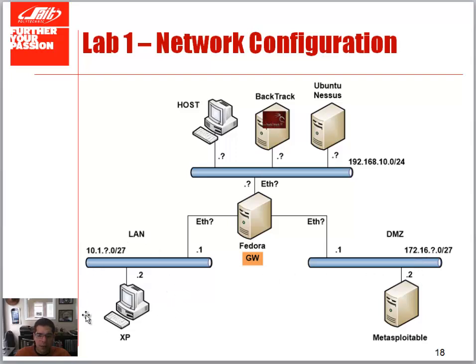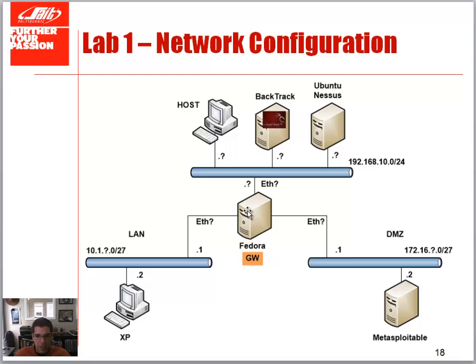On one side I want you guys to have the client VM. It can be XP, Windows 7, Windows 2003, or 8. And on the other side you have our Metasploitable. The Metasploitable is available in the shared folder, and we have Metasploitable, Backtrack, and Fedora available for you guys to download.